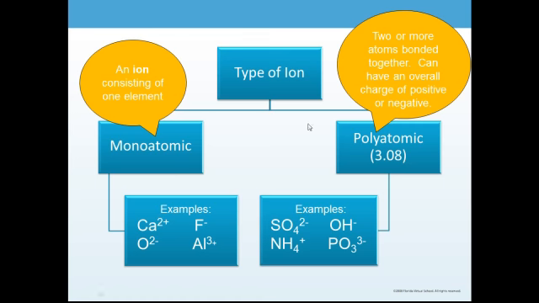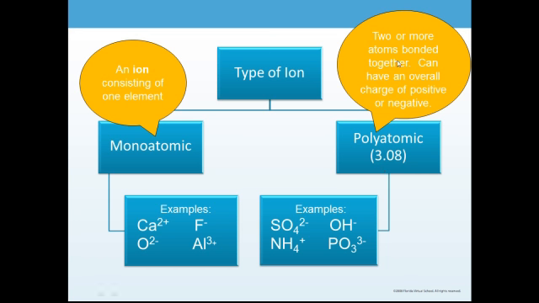And just to give you a quick preview of what's coming up, because lesson 3.05 and lesson 3.08 go hand in hand, it would actually be okay if you jumped to 3.08 next and then came back and did 3.06, 3.06B and 3.07. In 3.08 you're going to get back to ionic naming and bonding, and you're going to learn all about polyatomic ions.